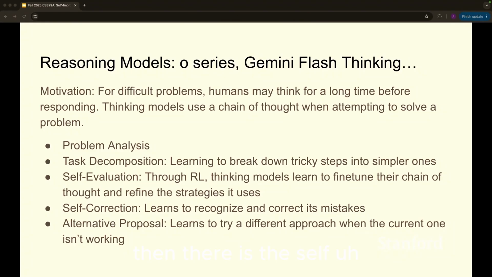Then there are self-evolution strategies, where the model tries something, sees the feedback, for example, runs some tests on the code, or uses a calculator, or just judges the answer, and it can use that feedback to optimize itself. There is self-correction, and there are alternative proposals. If something doesn't work, the model can backtrack and try a different approach.